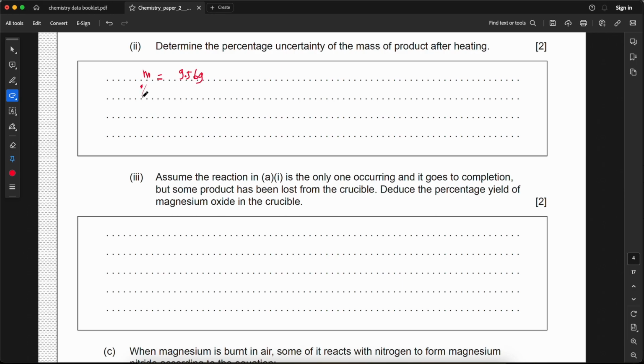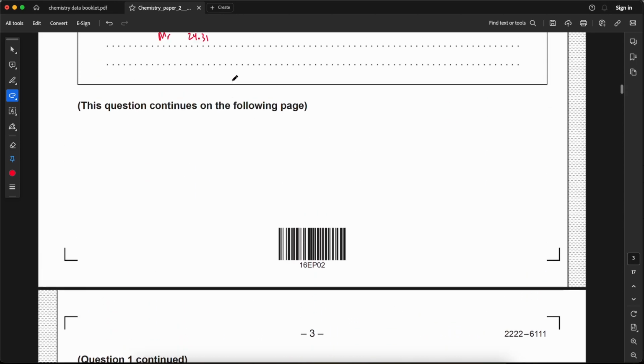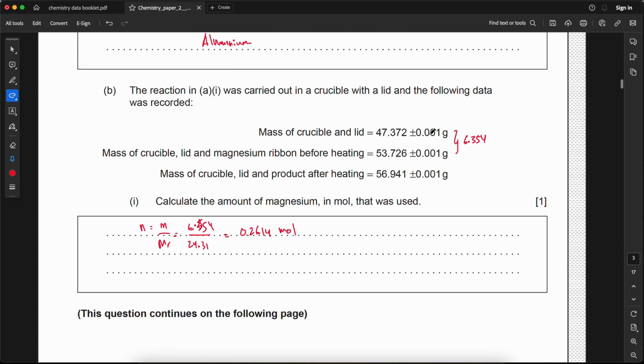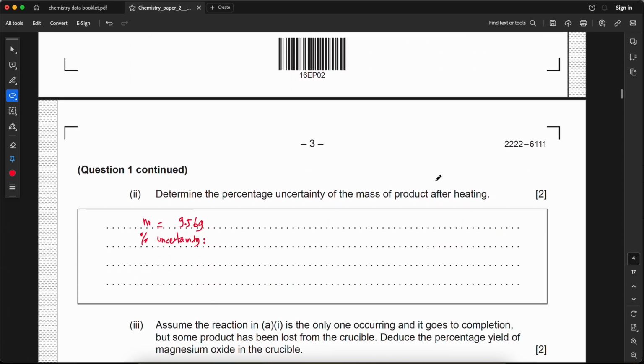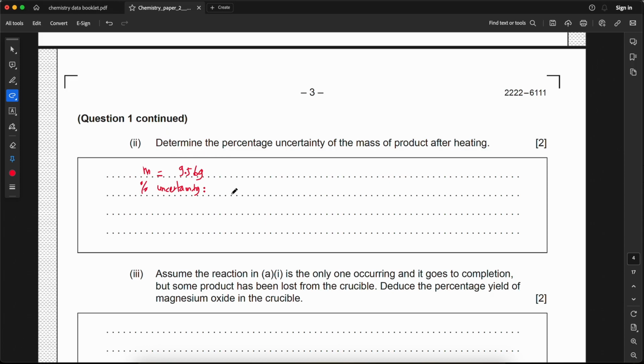And to find the percentage uncertainty, because we have 0.001 before adding the magnesium and 0.001 after heating, we add them both, so that would be 0.002 divided by the amount of magnesium times 100, which will be 0.02%.